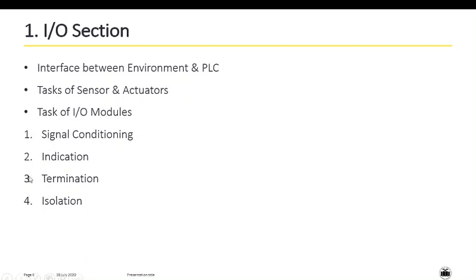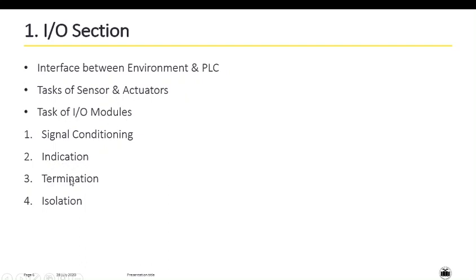Whether it is there or not, or if output is calculated by the processor, whether output is calculated by the processor or not, this is indicated at the input module or the output module. So this is indicated with the help of IO module.